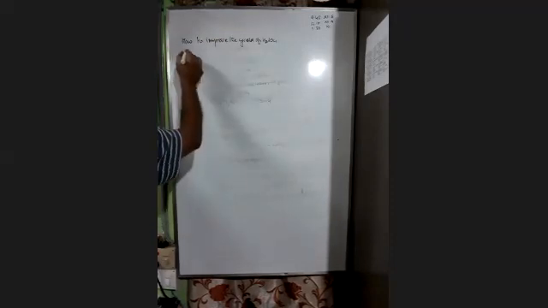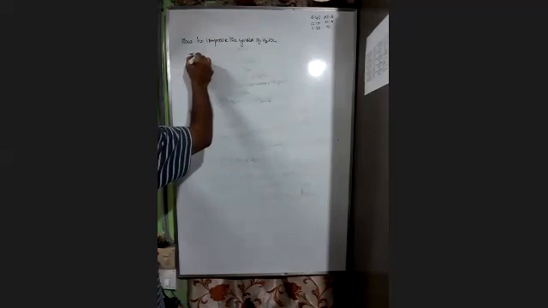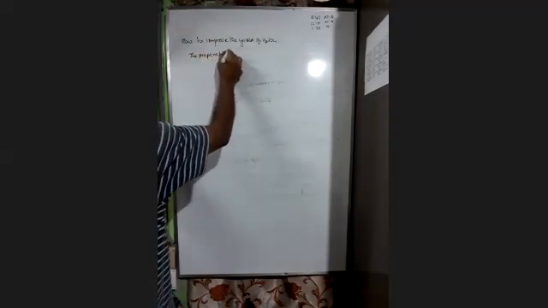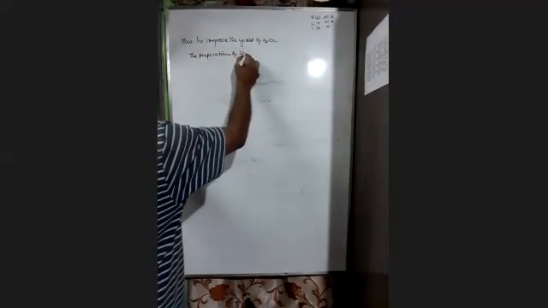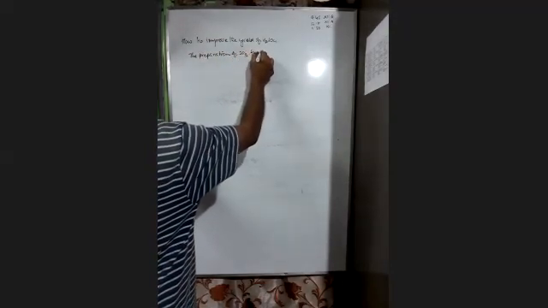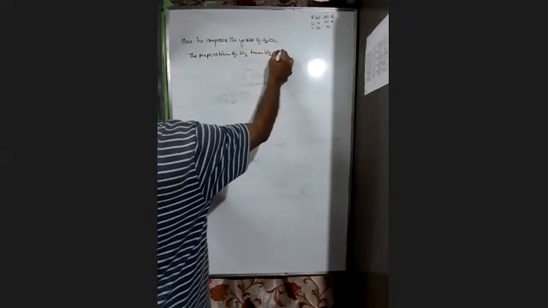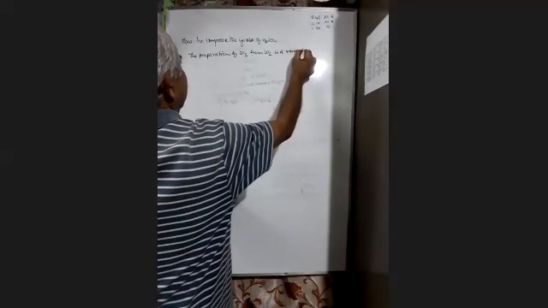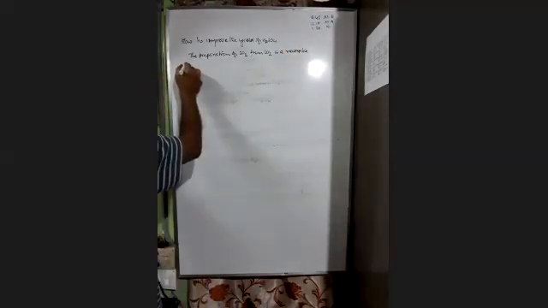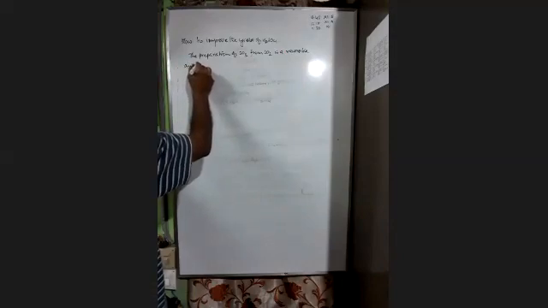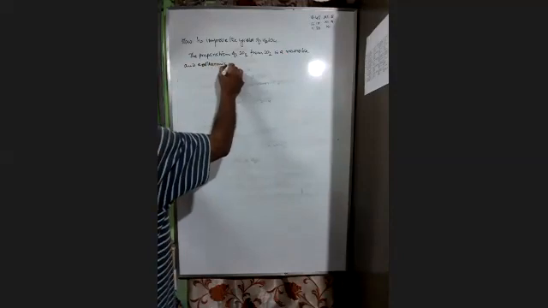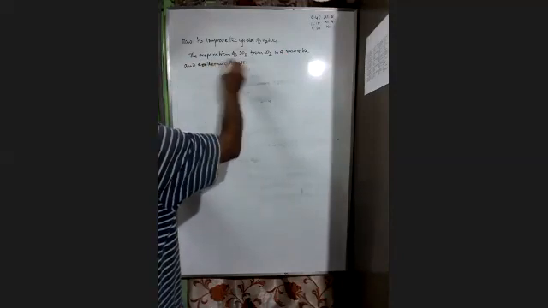First you write, the preparation of sulfur trioxide from sulfur dioxide is a reversible and exothermic process.